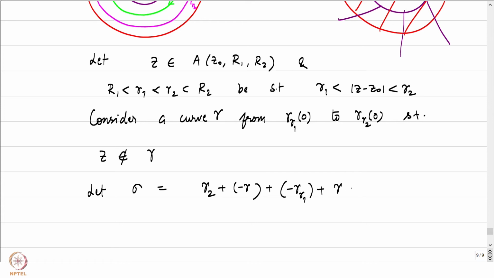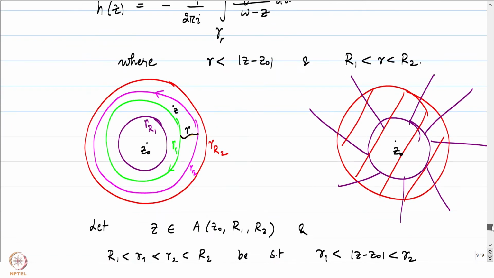So what is happening? This is the curve which I will draw using yellow, which I will erase after I draw. We go along gamma, go along green, and come back along gamma. So you start off at this point and you reach back. So this is a closed curve.